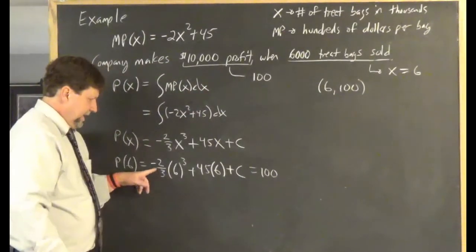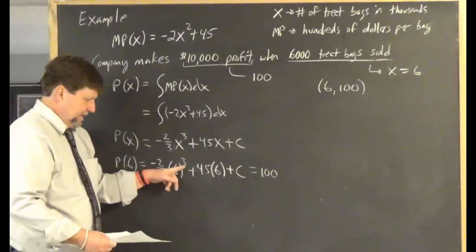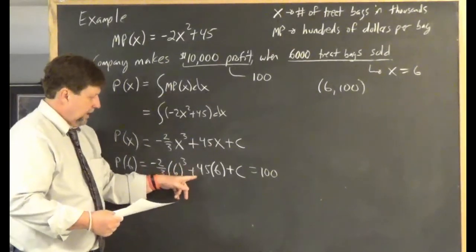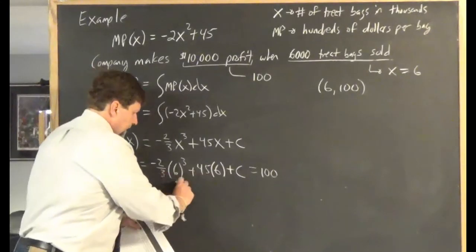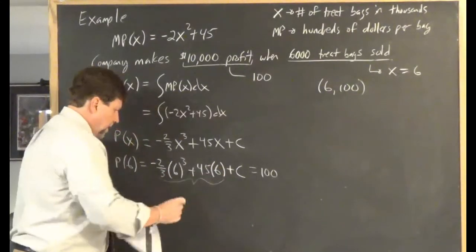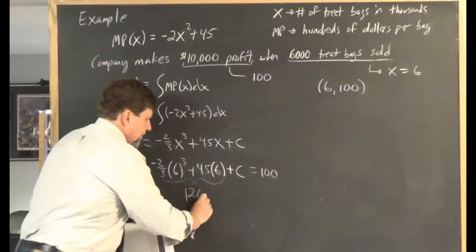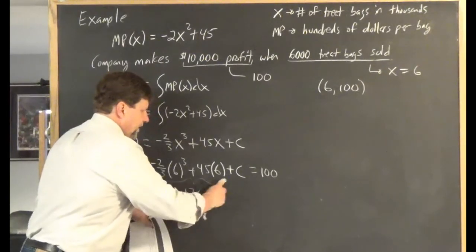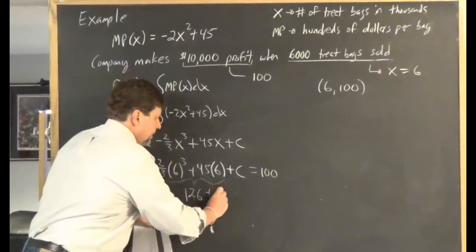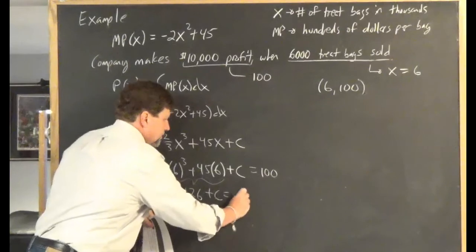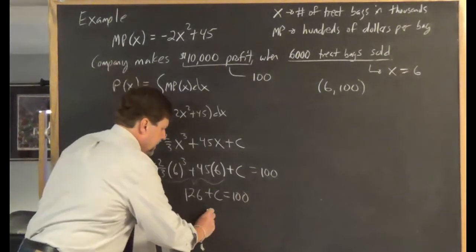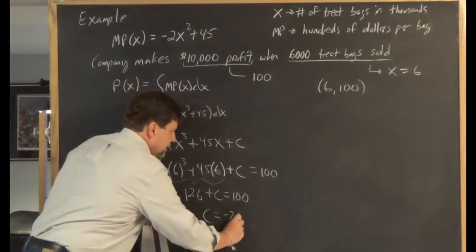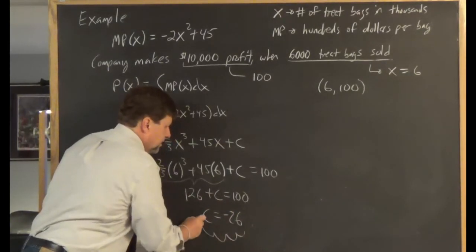Now let's see, if you take negative 2/3 times 6 cubed plus 45 times 6, I believe that's going to give you a nice number, 126. So you have 126 plus C equals 100. To determine C, subtract 126 from both sides. You get C as negative 26.